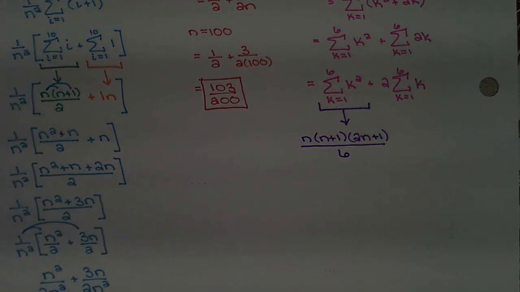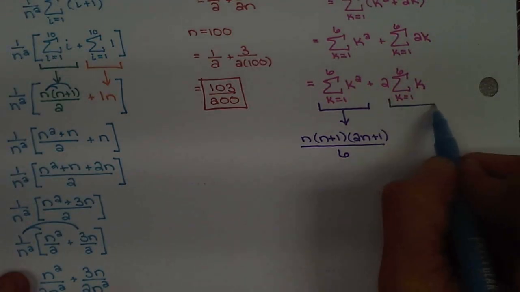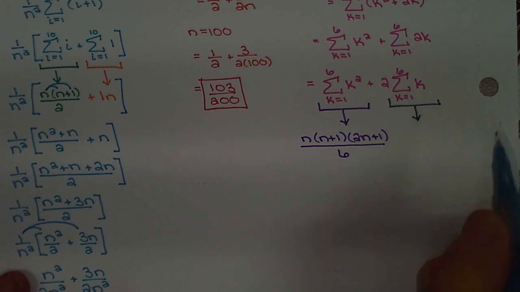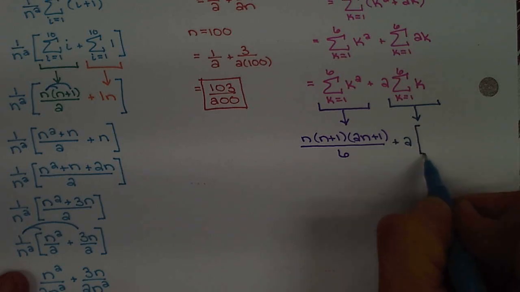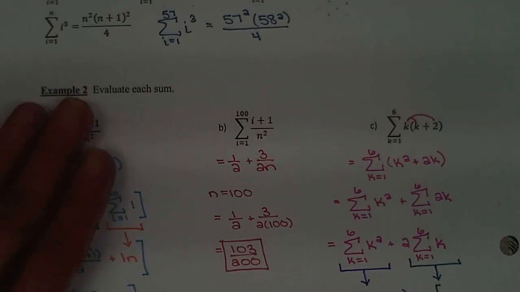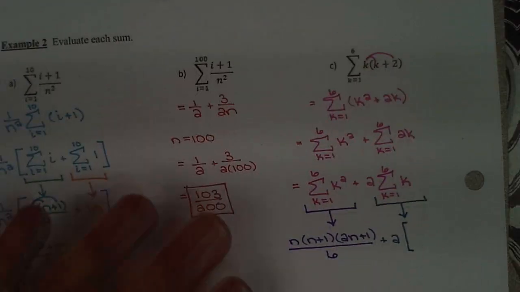And then the second one, this here, first off, the 2 is just going to transfer. So I'm going to have a 2 times. And now the formula for just a k or just an I is n times the quantity n plus 1 all over 2.